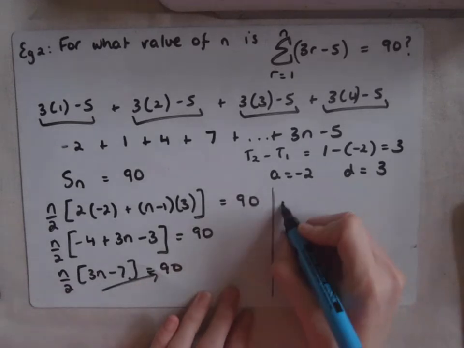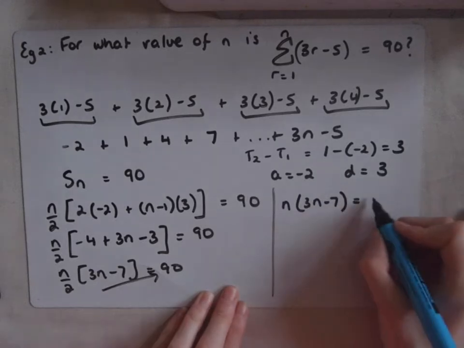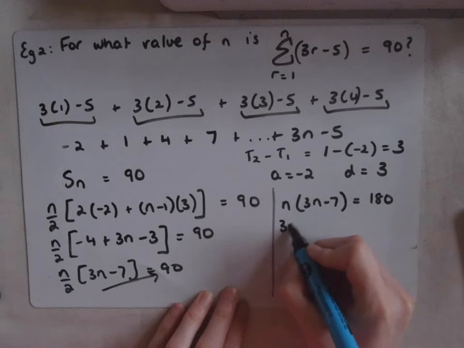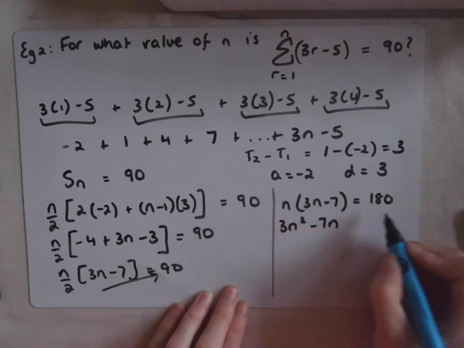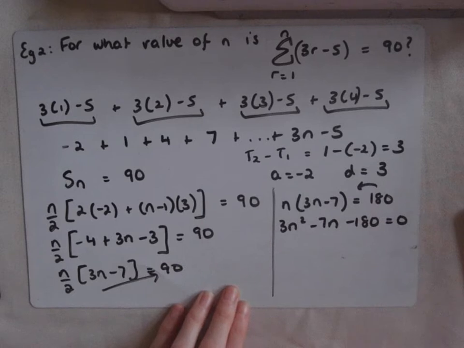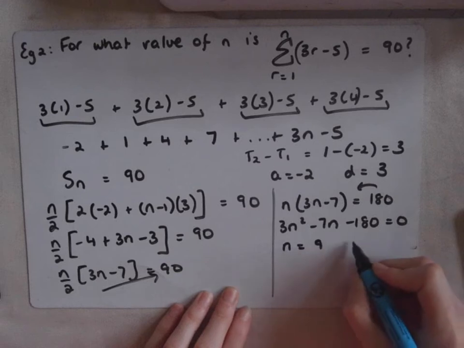So I get 90 by 2, which is 180. Multiply it out, 3n squared minus 7n, and I know I have a quadratic again, minus 180 equals 0. You're going to factorise, or you're going to do your minus b formula, and you'll get two answers.